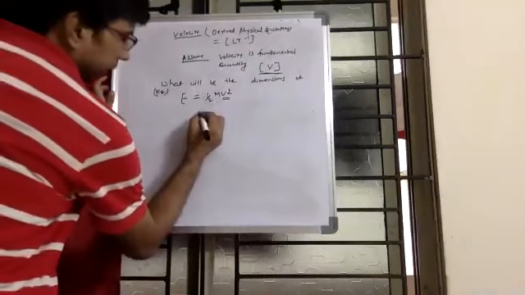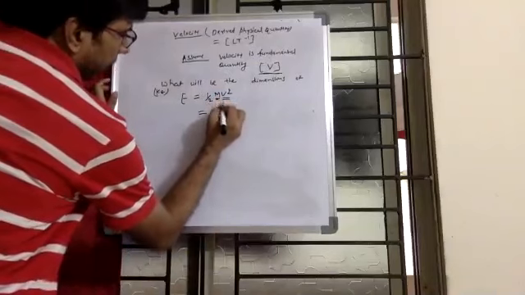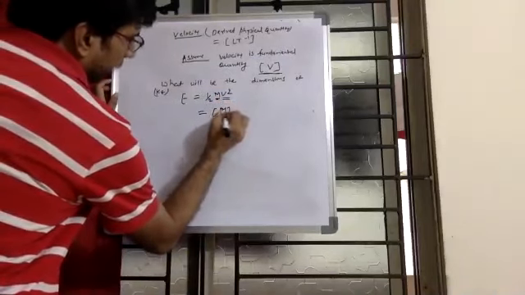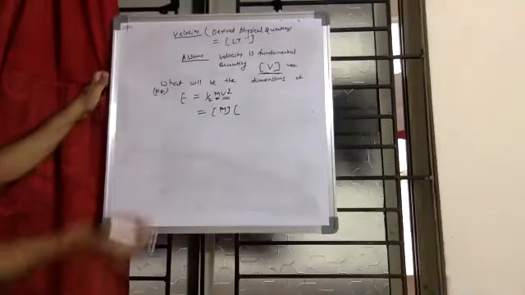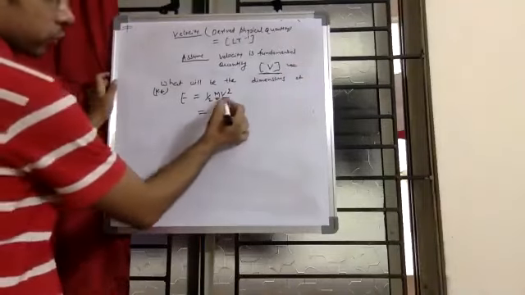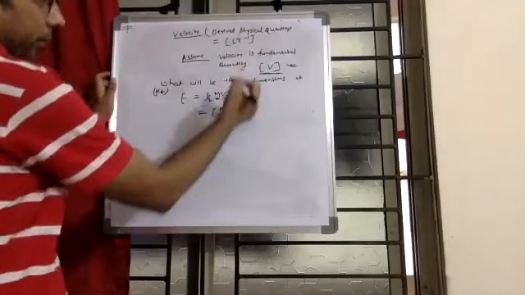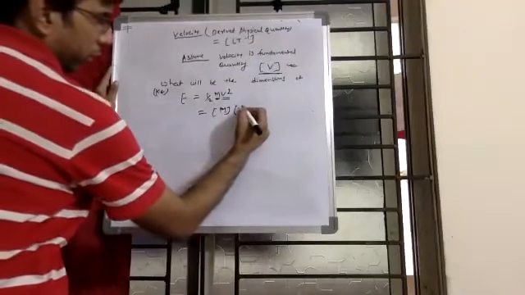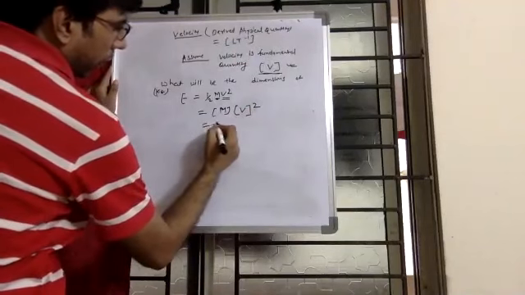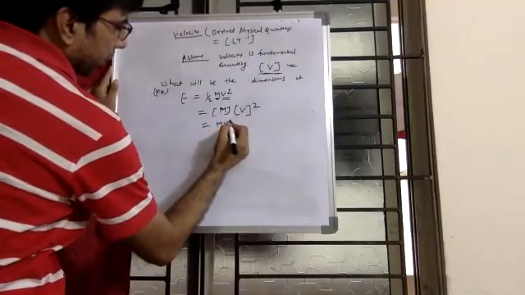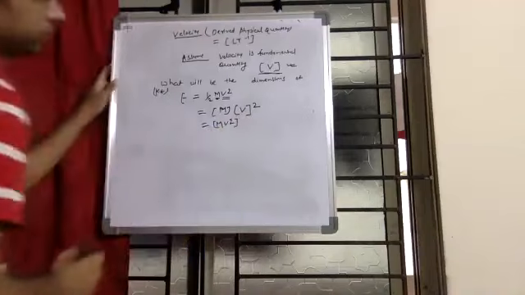So in this case, dimension will be, for mass, M. For v, they are already assuming it is a fundamental quantity, so we don't have to write LT minus 1. It will be v itself, squared. So in this case, dimension will be Mv square.